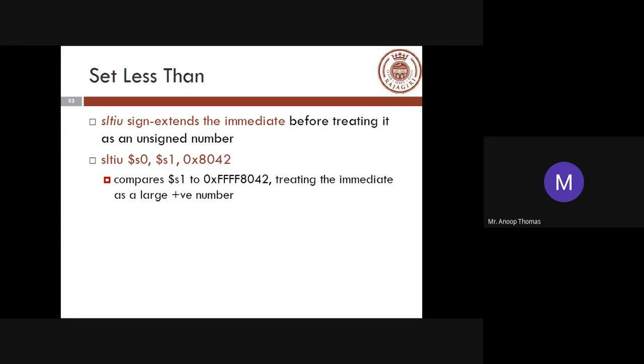Now, when you do that, this is an immediate SLT using an unsigned number. $S1 is compared with FFF because it is taking the immediate as a large positive number. So this is what is being used when it comes to unsigned numbers. You extend the sign, and you will have the extension happening when it comes to your set less than operation. This is required as far as implementation.